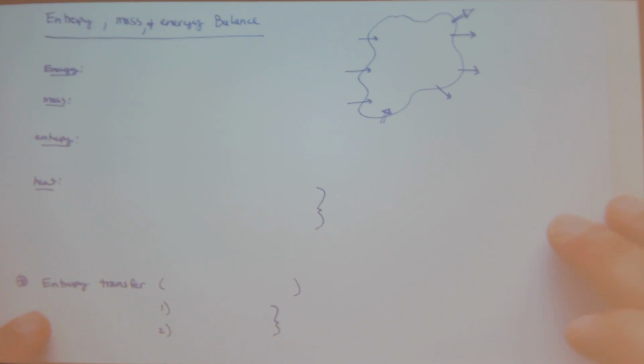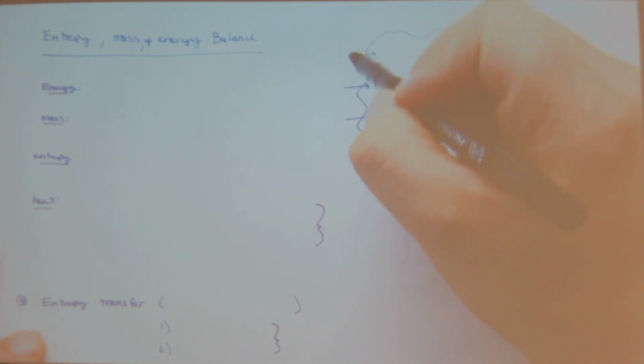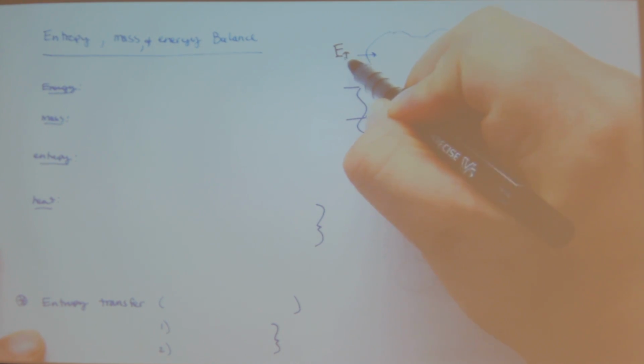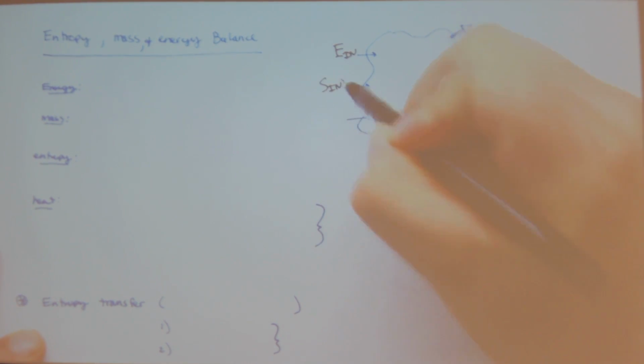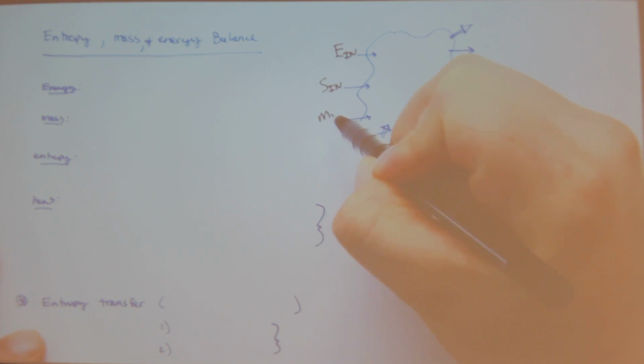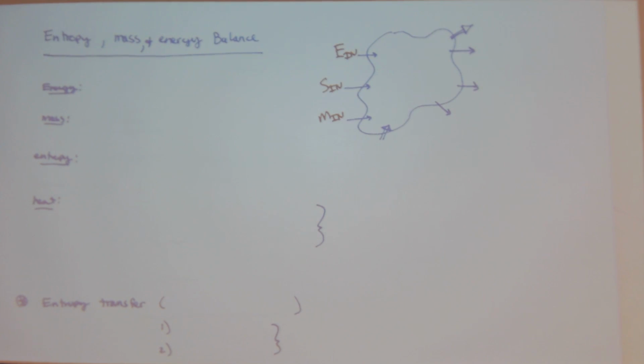But I want to get to what I consider the heart of Chapter 7, and this is the whole idea of energy, mass, and entropy balance. So let's draw my system. I can have energy in, I can have entropy in, I can have mass in. Now the idea of entropy in is kind of strange.